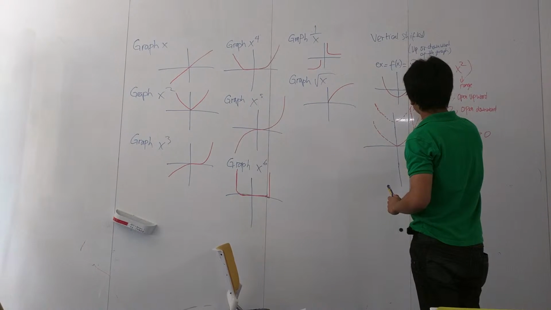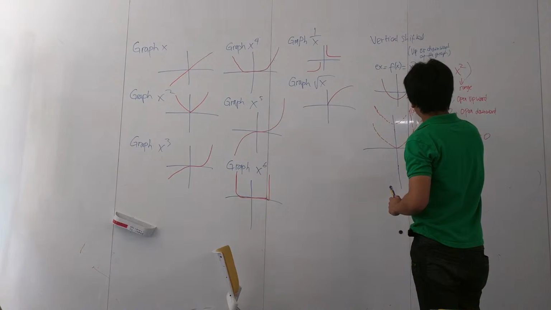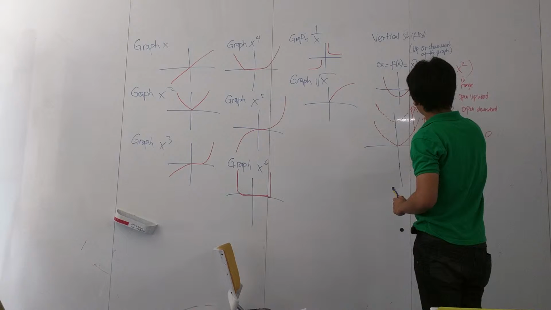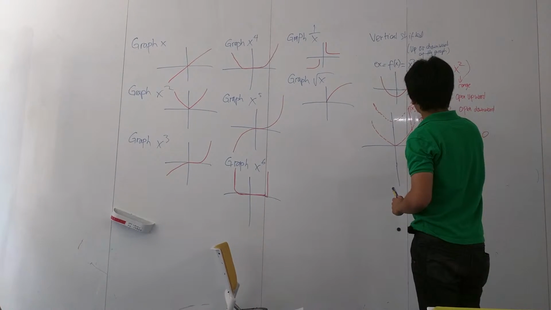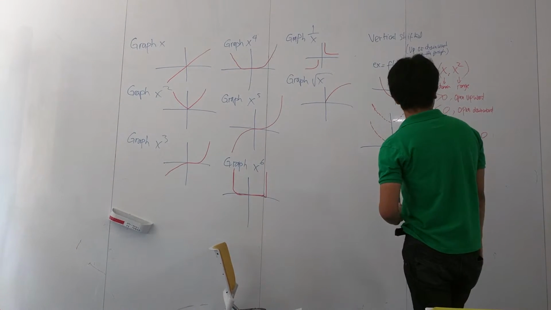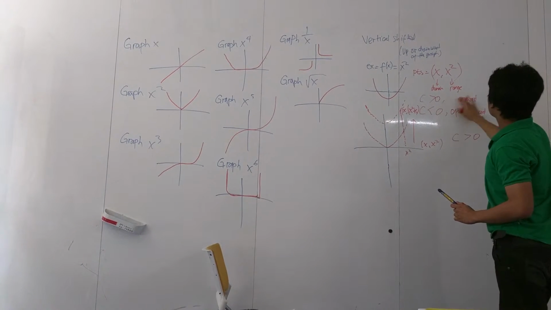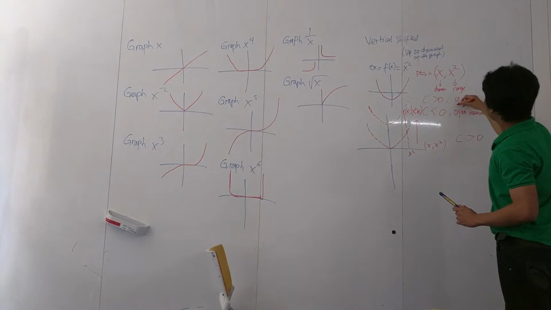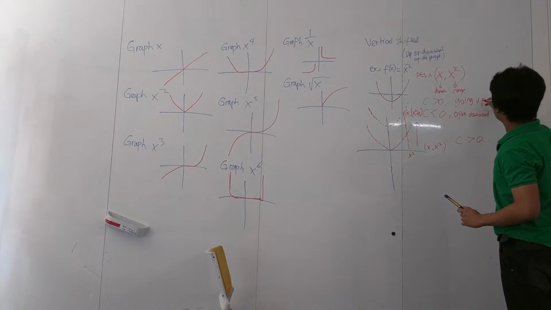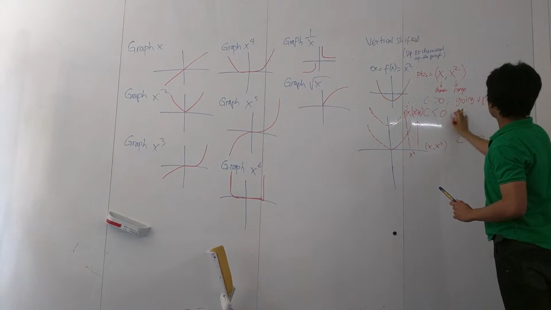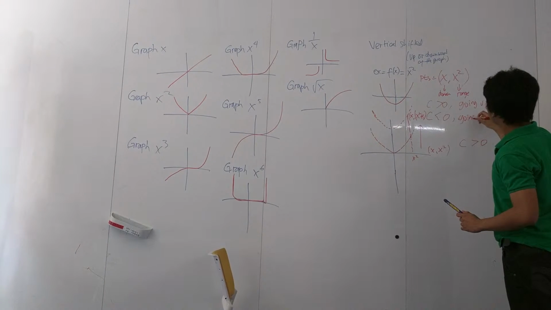So it will be x, x squared plus c. Sorry, it's not open upward, but it's going up, and this one is going down.